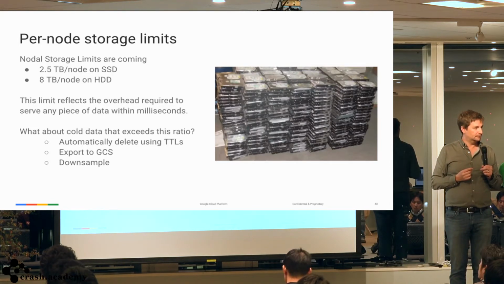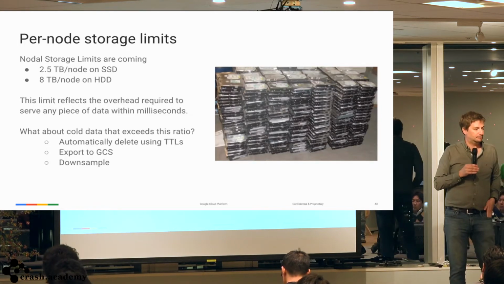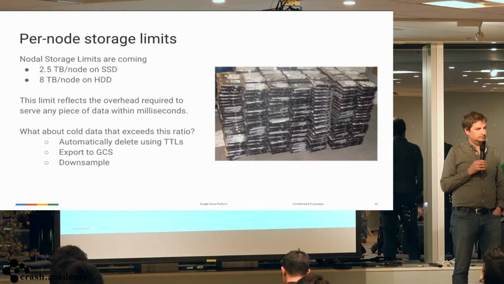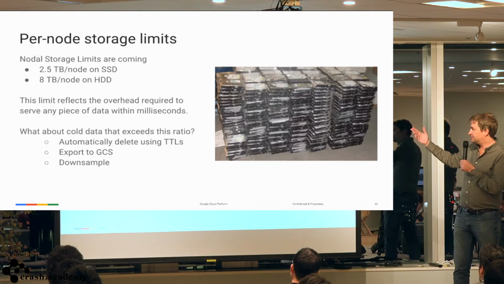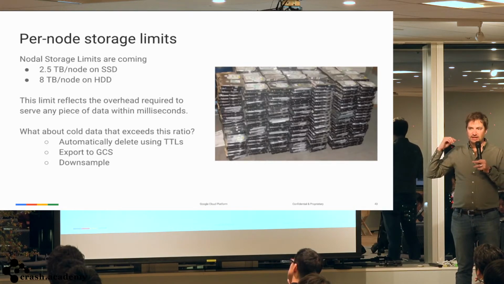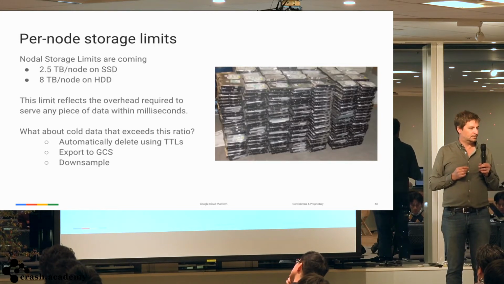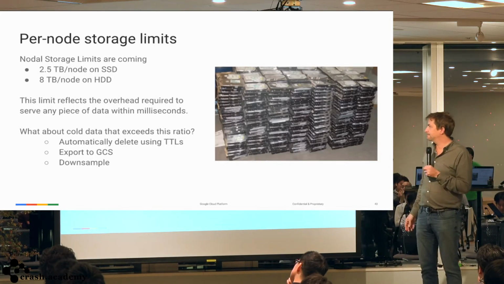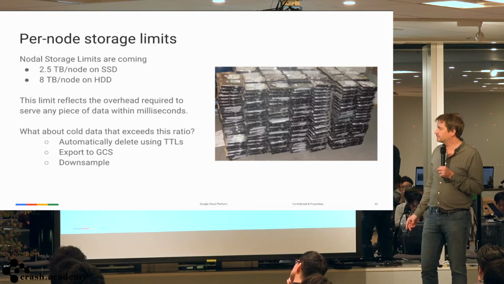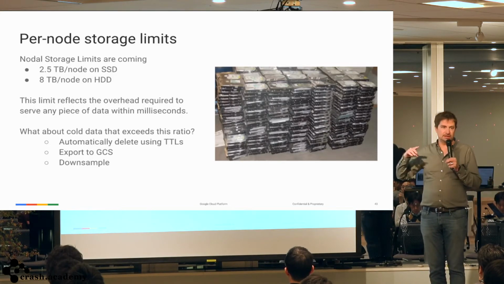There is a certain amount of overhead required to be able to serve your data within milliseconds, and these limits reflect that. So for every 2.5 terabytes of SSD, you'll need one node.